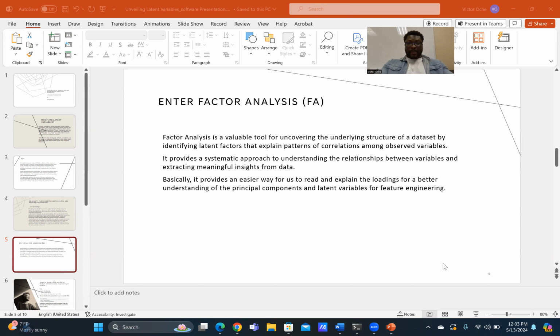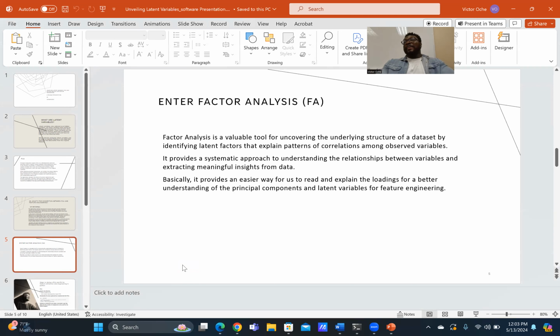Basically, I would say factor analysis is an easier way for us to read and explain the PCA loadings, for a better understanding of the principal components and latent variables for feature engineering. That's my own understanding of factor analysis.